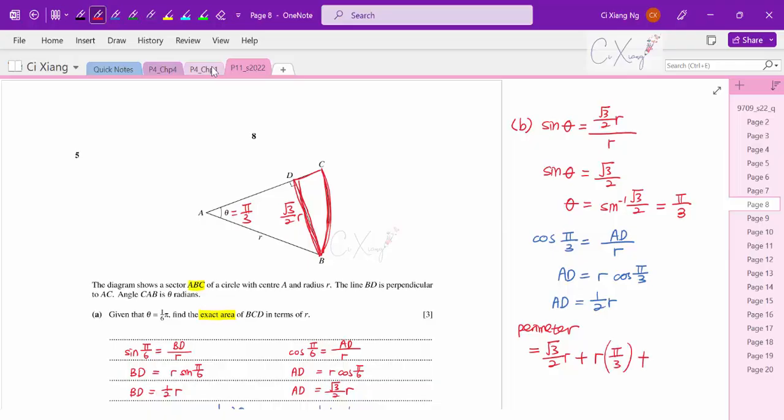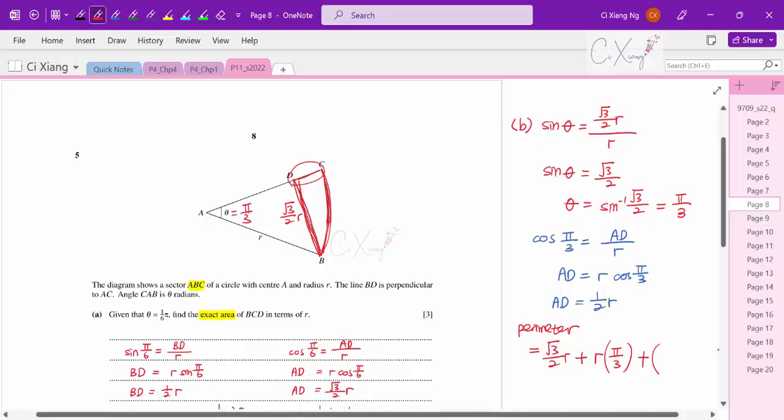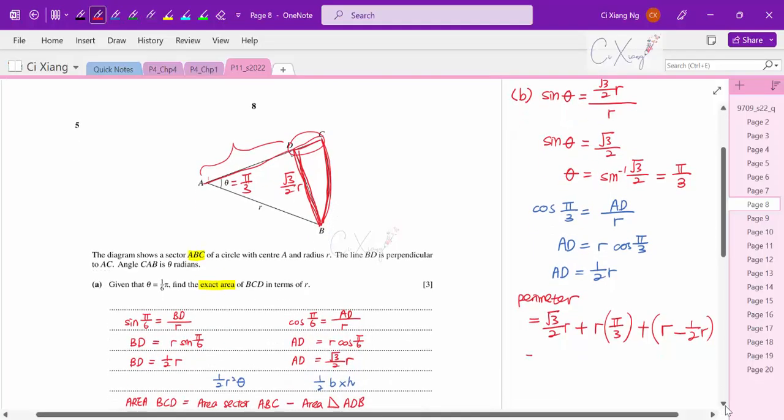And then plus, now I want to look for the length for CD. The length for CD is R, the length of the radius, minus the length for AD, which we got just now, which is half R. From here, we can simplify all the terms.